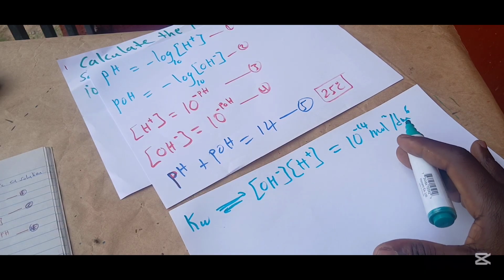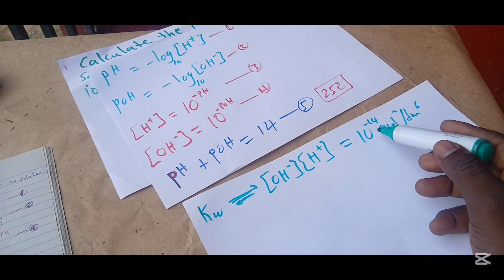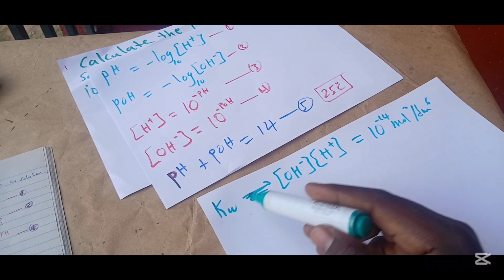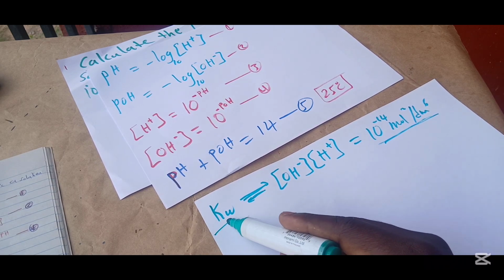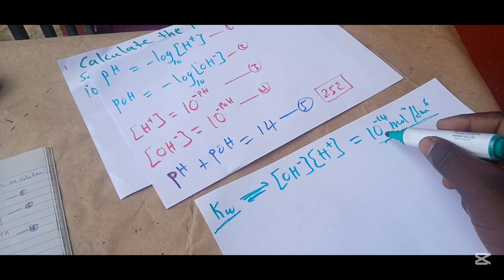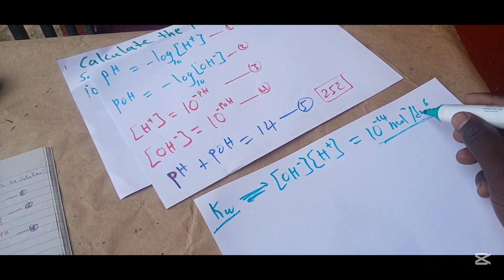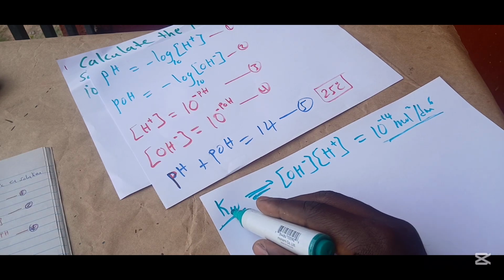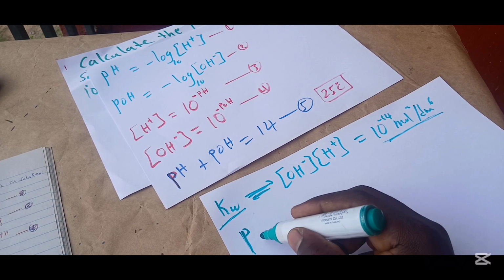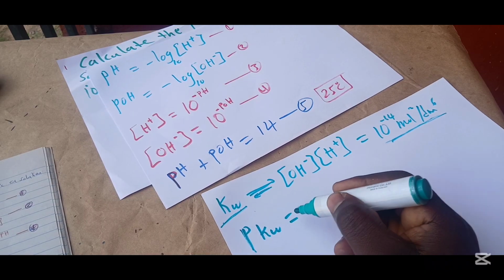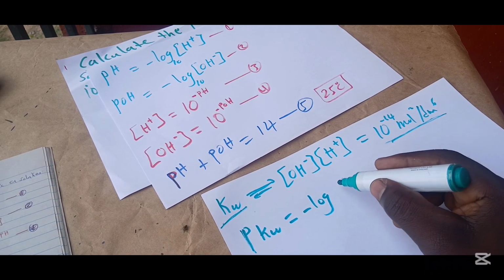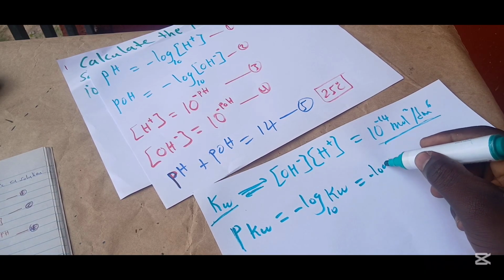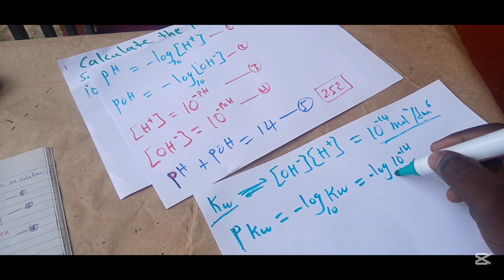You don't have to worry about this, but you just have to know that from the auto ionization of water, if we are to calculate pKw, this value here is Kw, which is 10 to the power negative 14. If we are to calculate pKw, just take pKw equal to negative log of Kw to the base 10, which is equal to negative log of 10 to the power minus 14 to the base 10.